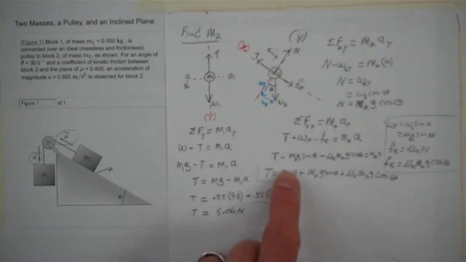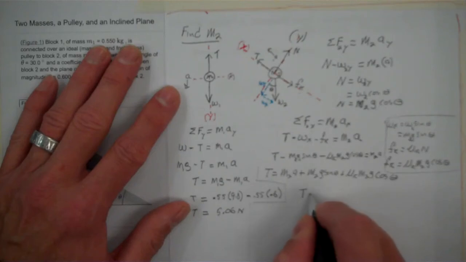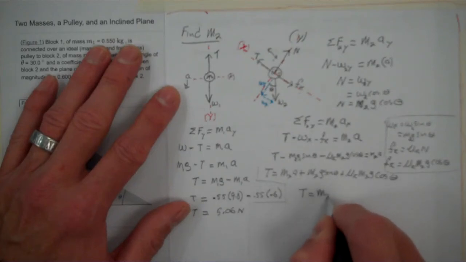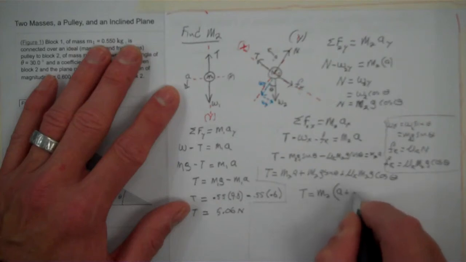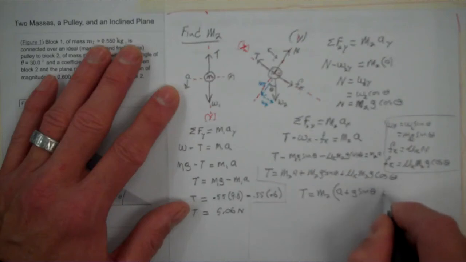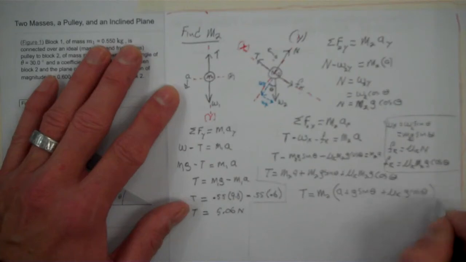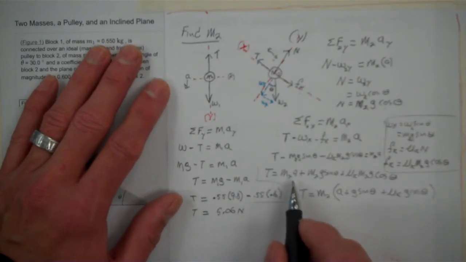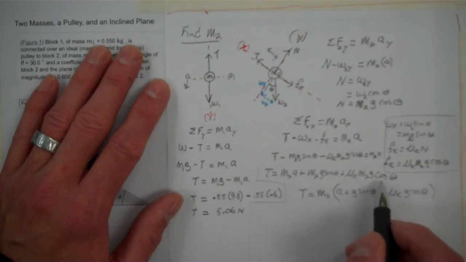Factor the m out. There's an m in every term. I can factor it out. So I have that T equals m2 times the quantity a plus g sine theta plus mu k g cosine theta. Let's double check. A, g sine theta, mu k g cosine theta.